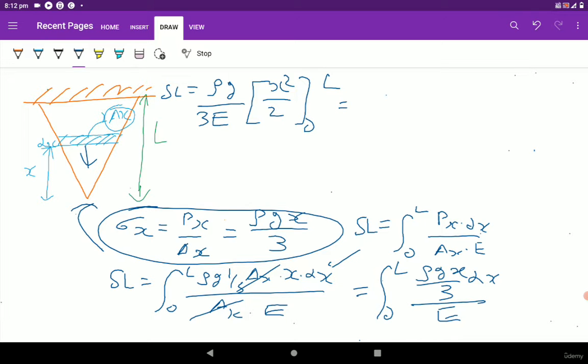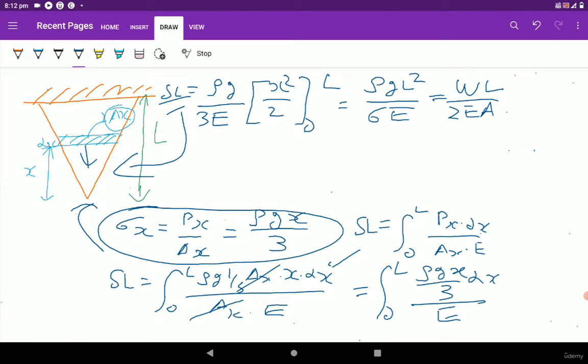We get rho g L square upon 6E, which is equal to WL upon 2EA. So this is the value of delta L for this cross section.